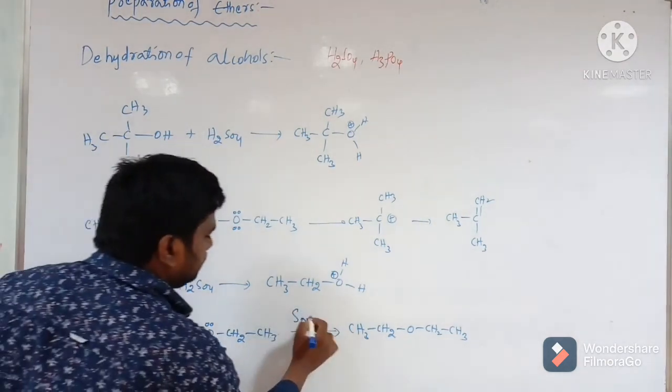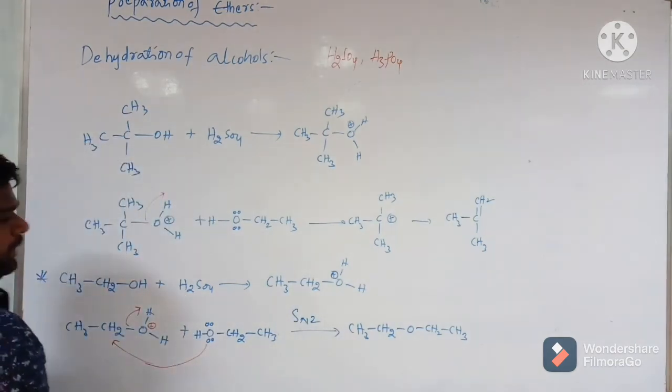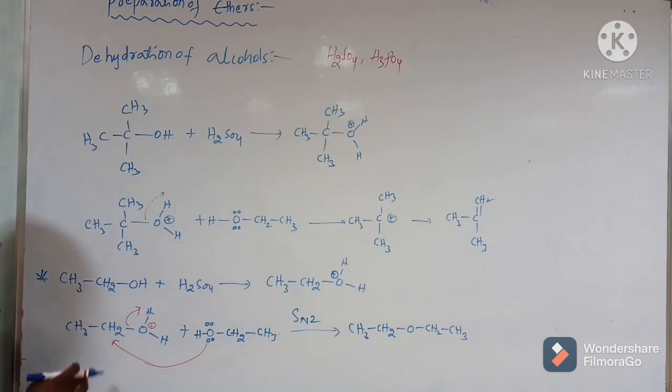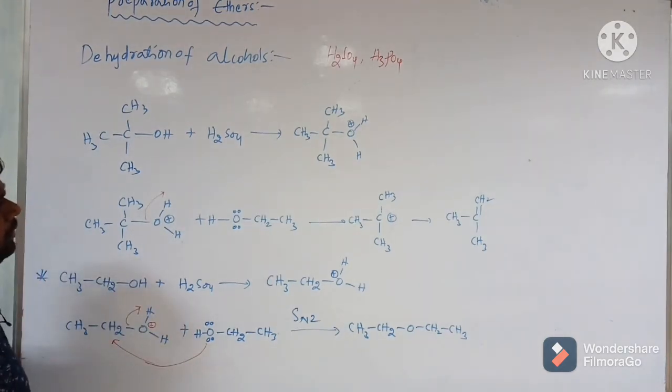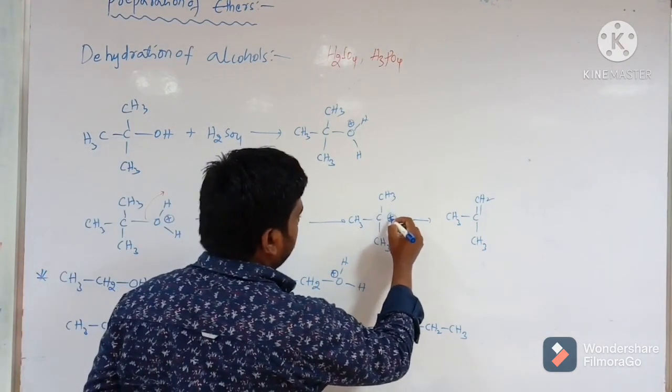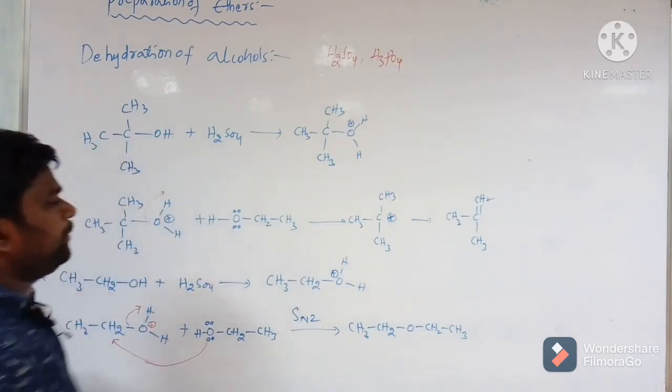We get ethers as the product. The reaction takes place with primary alcohols only. With secondary or tertiary alcohols, we get alkenes as the product because a more stable tertiary carbocation is formed as an intermediate. So these are the preparation methods of ethers.